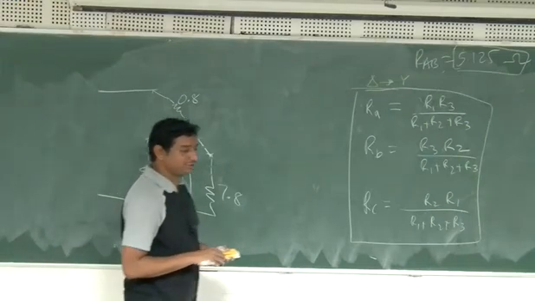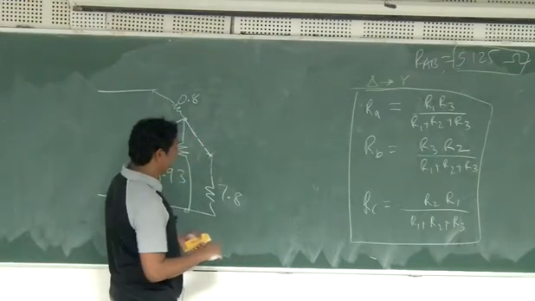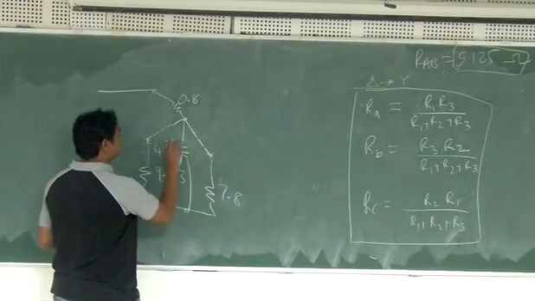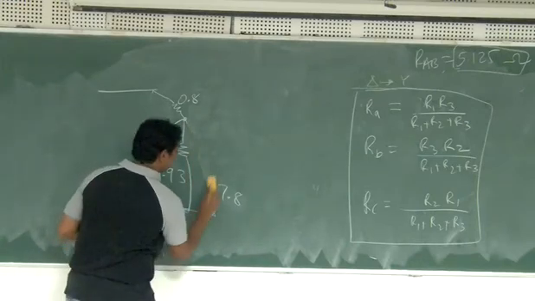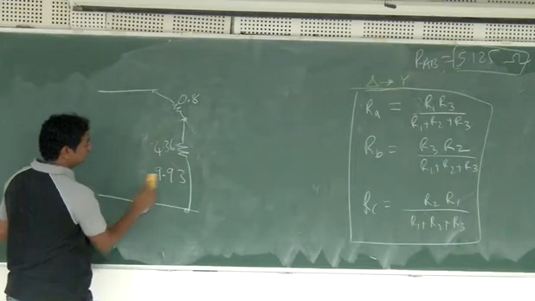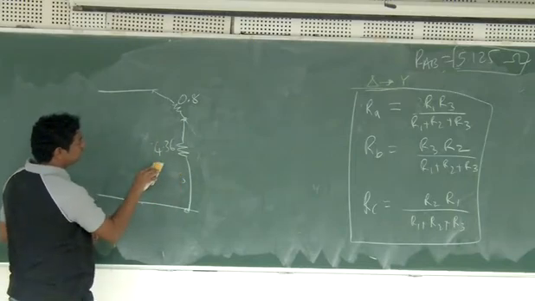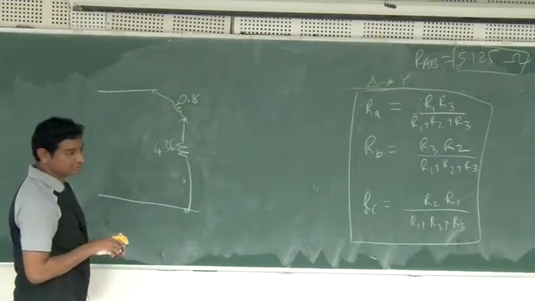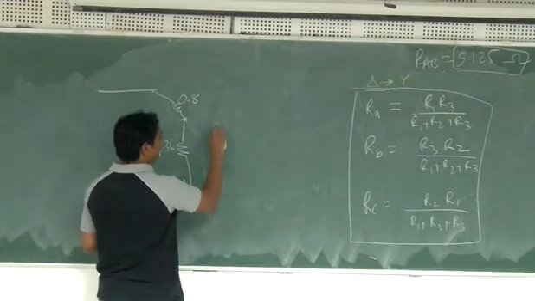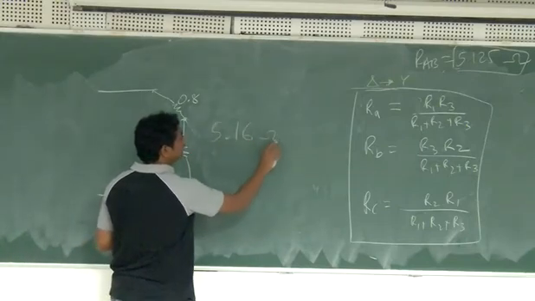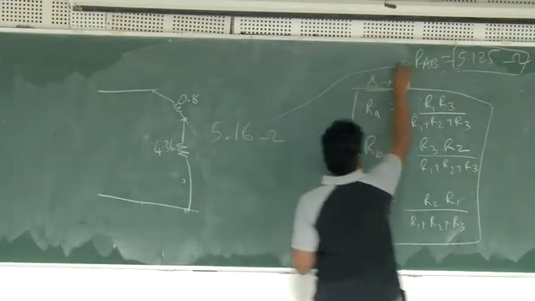How much is that? 4.36. Then I remove this branch and this branch. 4.36 plus 0.8. How much is that? 5.16 ohms.